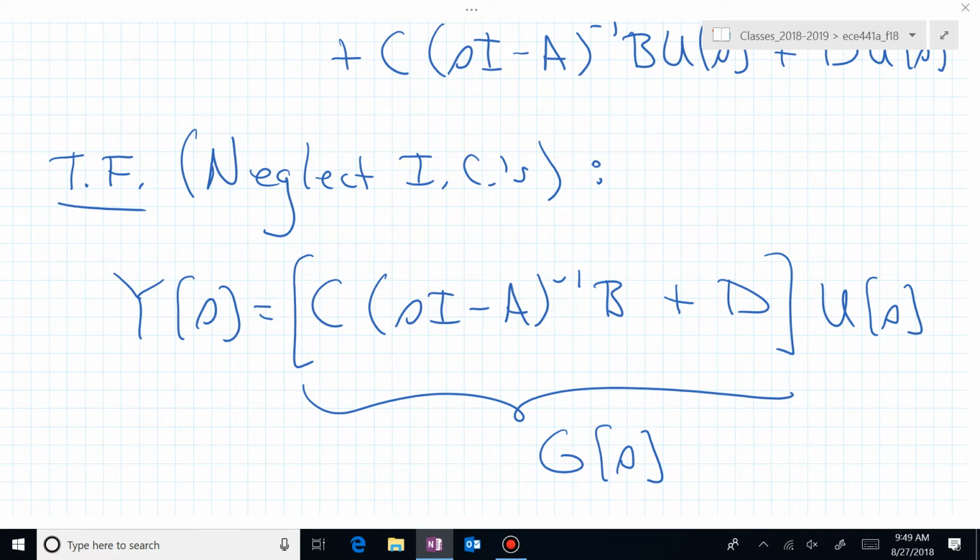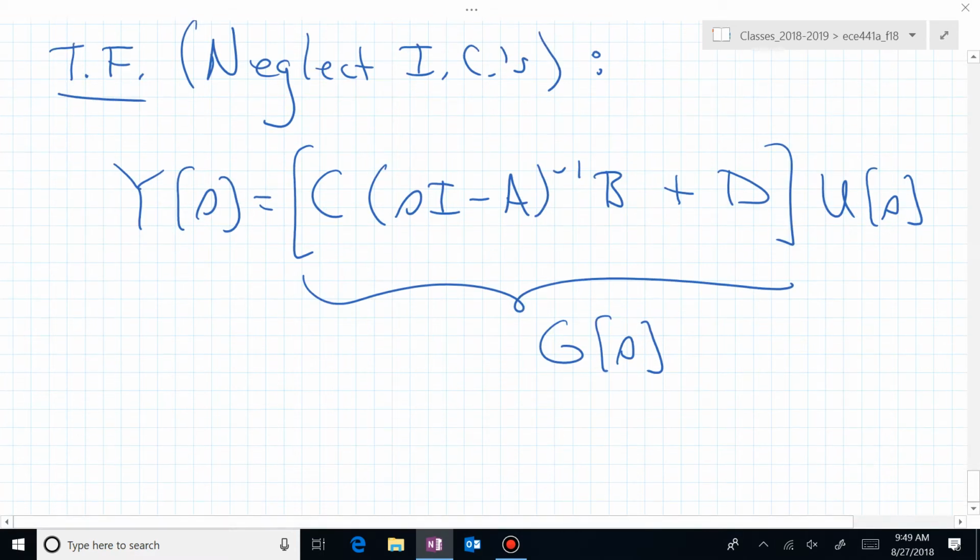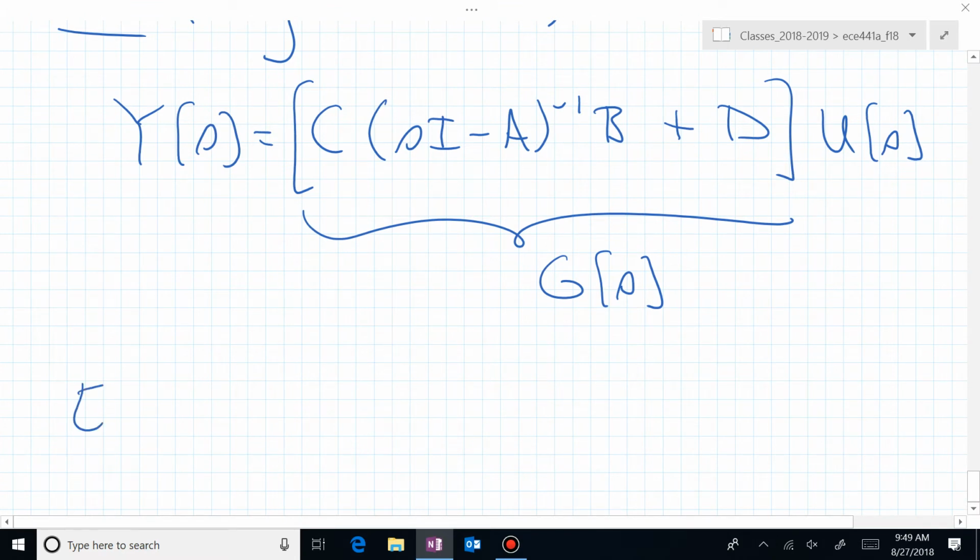Right? Now, how do we connect this with our earlier work? Now we simply plug in the appropriate matrices. What was our D matrix? If we go back now to our example, what was D?